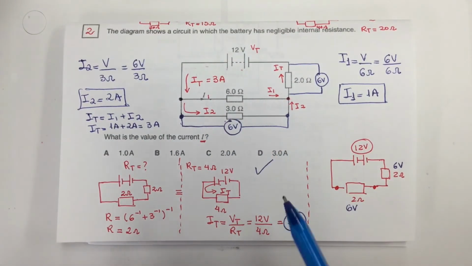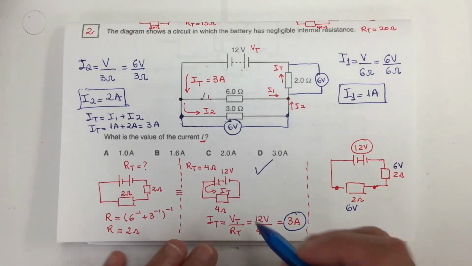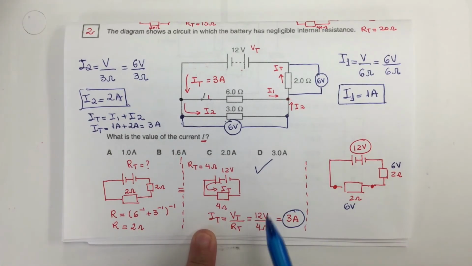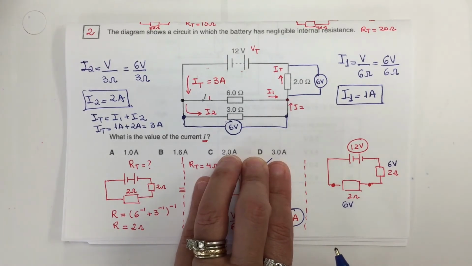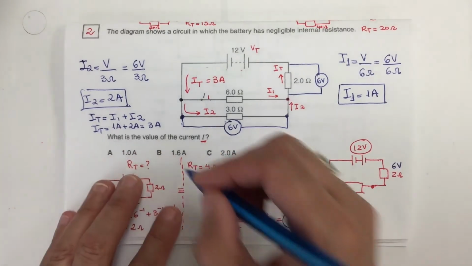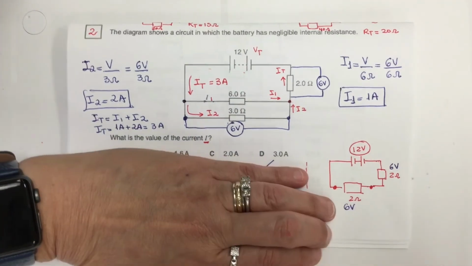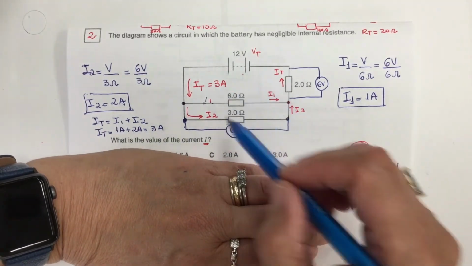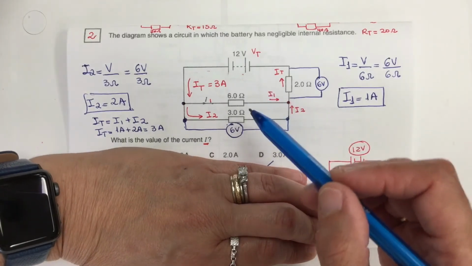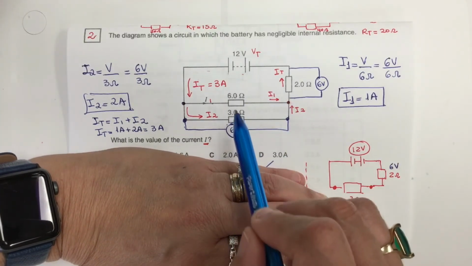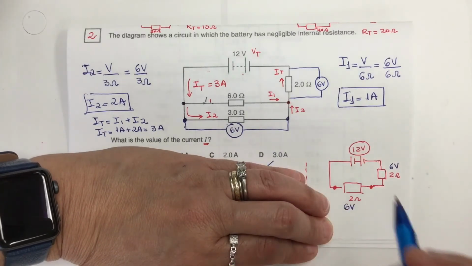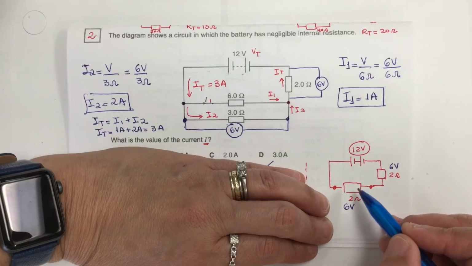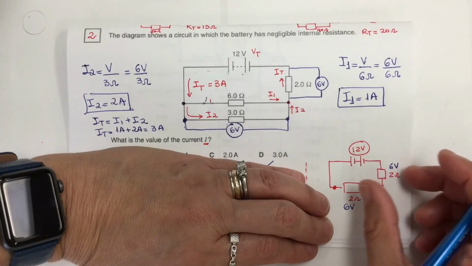Before I leave this problem, I just want to show you that you could skip this step right here to find the total current. You can skip this step, you can skip this step too. And you could just, from the diagram that was provided, find the equivalent, and understanding that the 12 volts will be split between both because they are equal.